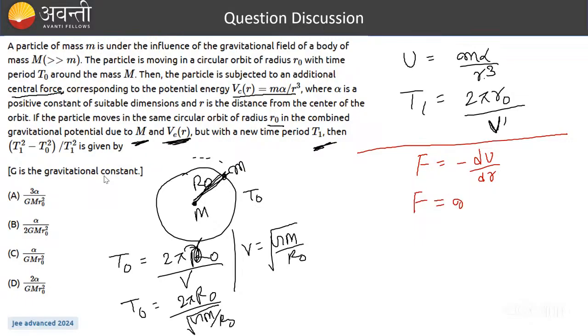Write it here, m alpha, minus d by dr, and if you solve it, minus sign was there already. R minus 3 का differentiation करोगे, minus 3 r to the power, this will become minus 4, right? So यहाँ से minus minus plus हो जाएगा, 3m alpha by r का power 4.